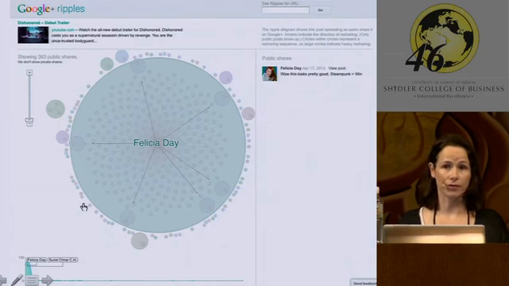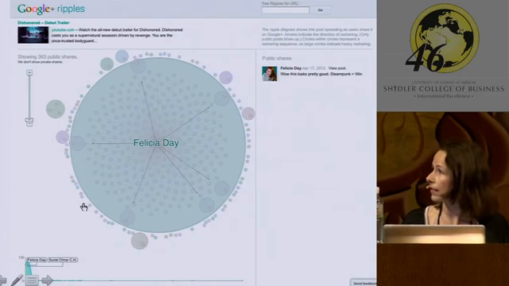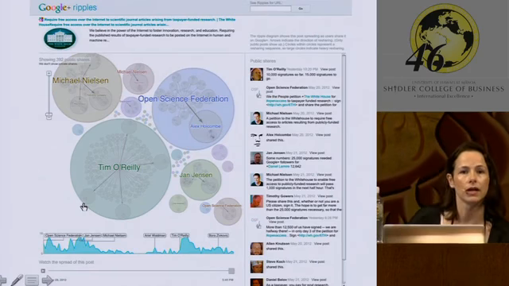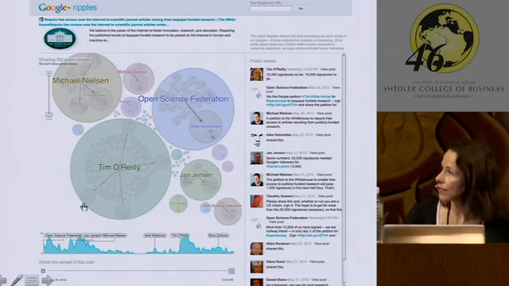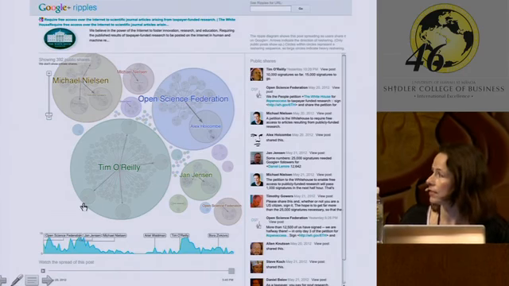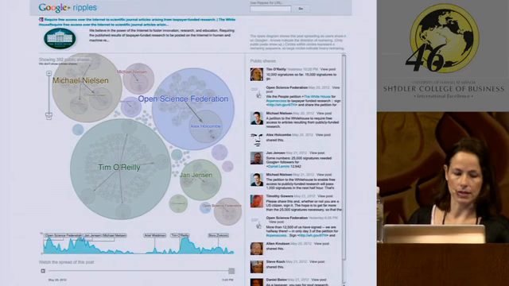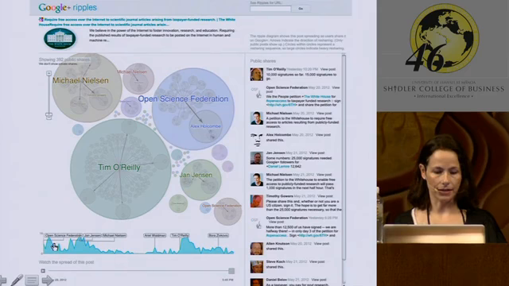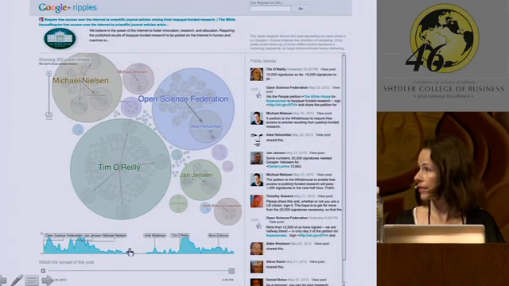That's very different from a sharing graph like this. This is the sharing graph for a petition to the White House to open up scientific journals. And you get different communities, different influencers here. This at the bottom is the timeline of sharing activity over time.